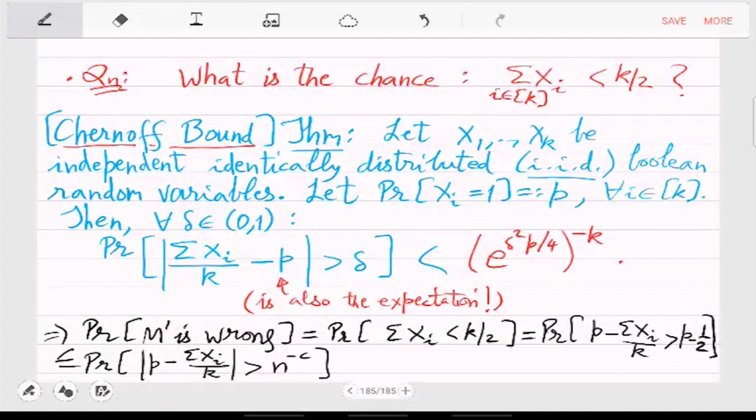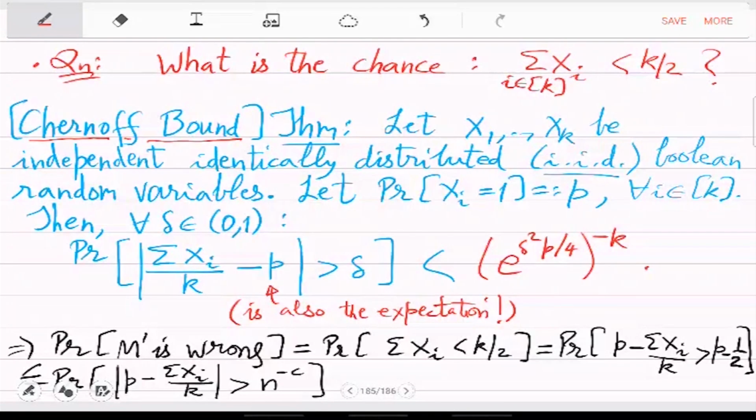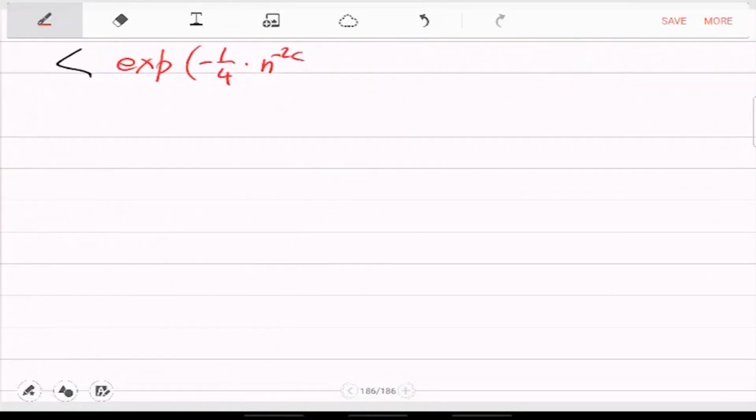This probability, by the Chernoff bound, is less than e to the minus 1 by 4 n to the minus 2c, which is for delta square, and then we have p and k. So p is half plus n to the minus c, and k we picked to be 8 n to the d plus 2c.